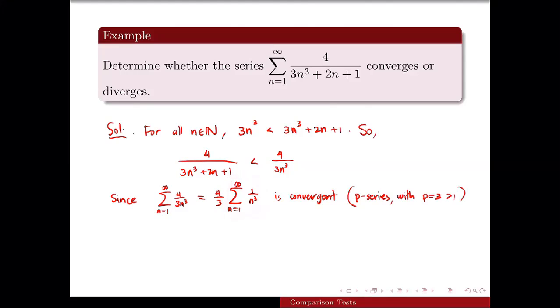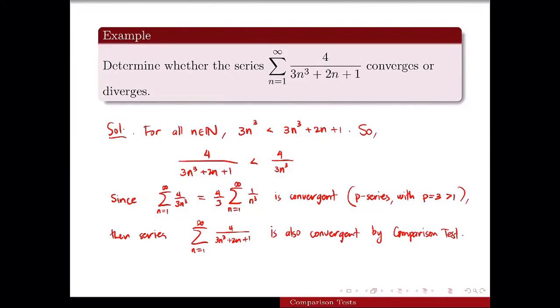Since this series is convergent, the original series, 4 over 3n cubed plus 2n plus 1, from 1 up to plus infinity, is also convergent by comparison test. And that's it. We now have the conclusion.